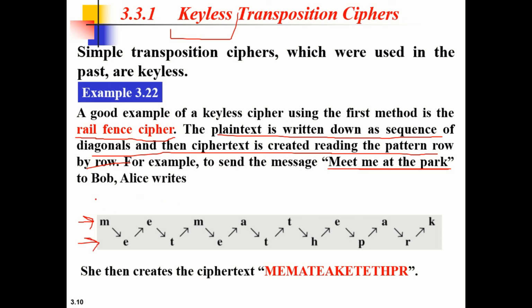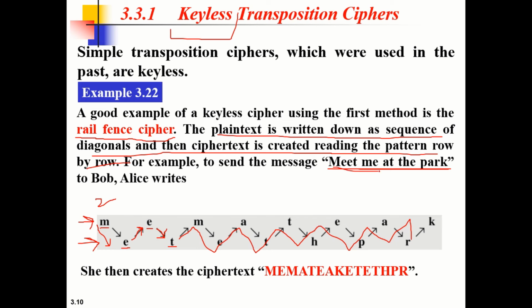Here the depth is 2 because we are going up to 2 diagonals only, right? So I'll start writing this plain text this way. First I'll write M, then the second letter E, then again you go diagonal and write E, then you write the fourth letter which is T. That is how you move in this zigzag, or we call it diagonal, and you write the whole plain text, right?